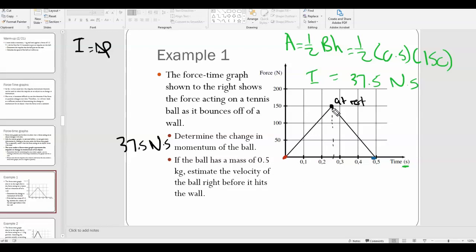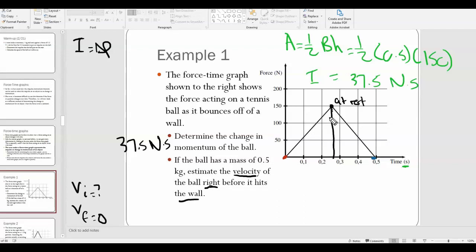And so what we can do is use that to estimate the velocity of the ball right before it hits the wall using that time, because we don't know v_i, but at that one time, we can say that v_f is equal to 0.